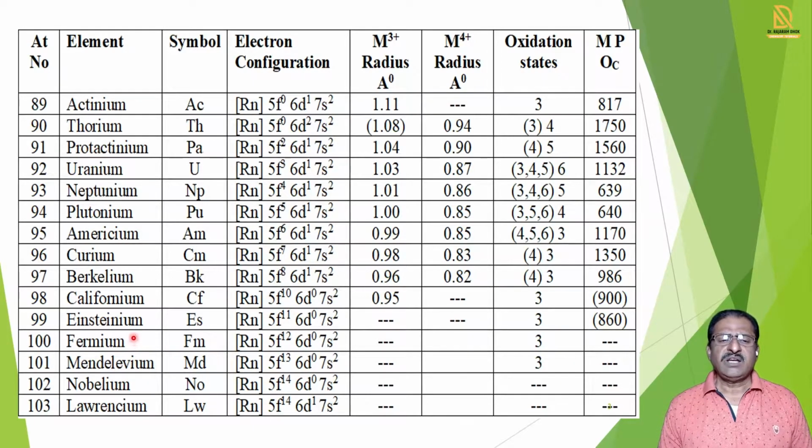Because when the elements are discovered, the scientist has the right to give the names, so according to their own name, or their city, or their country, they have given the names. And it is simple for our identification.